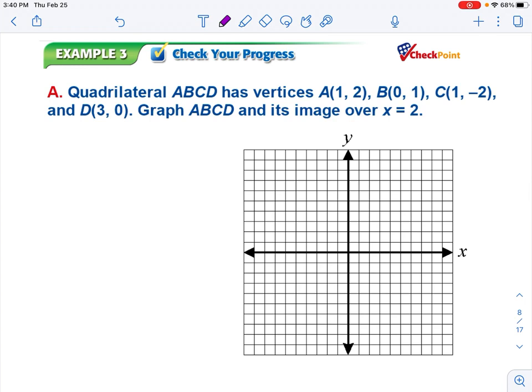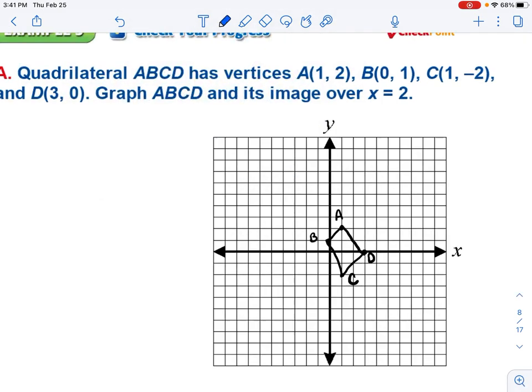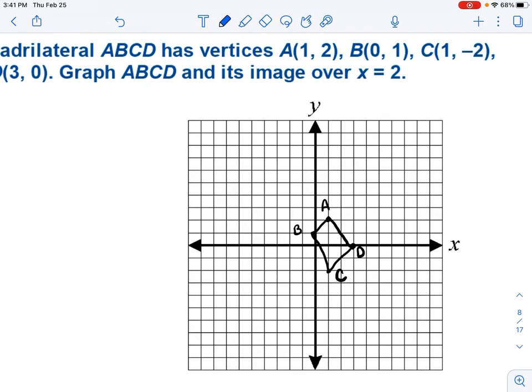These next two, I'm just going to quickly go through. You can pause me. Probably not going to talk too much, other than to say make sure you label your pre-image and your image points. Know that x equals 2 is a vertical line.